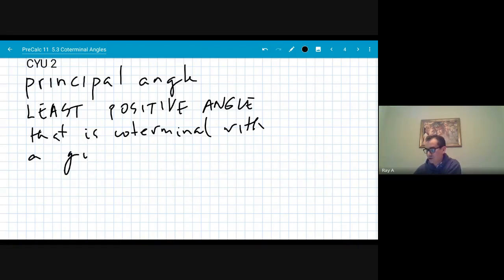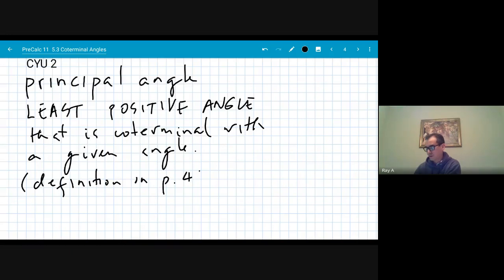Now this definition I just copied straight off page 441, at the top part, the definition.